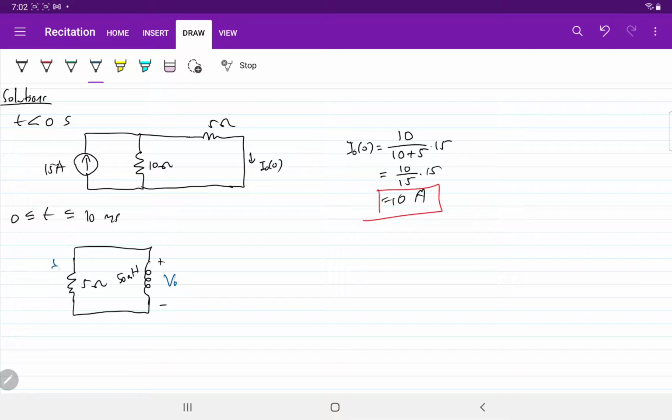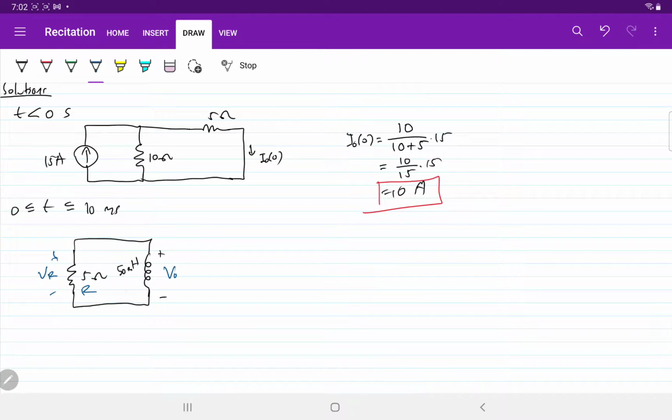So let's call this VR then. For now, just for this circuit, let's call this 5 ohm resistor R. This is L. So this is R, this is L, and since this inductor is fully charged, it will dissipate the current to this resistor, right? So this is I0, and we can use KVL.